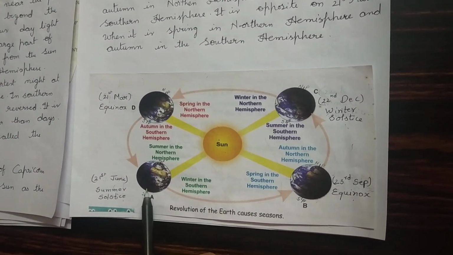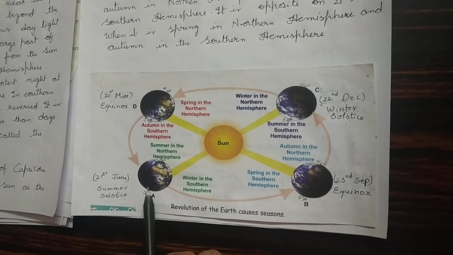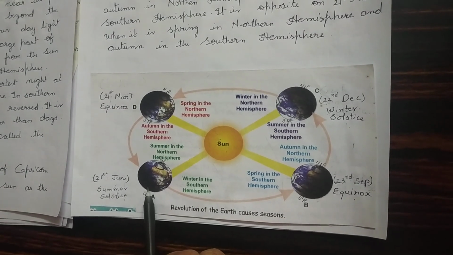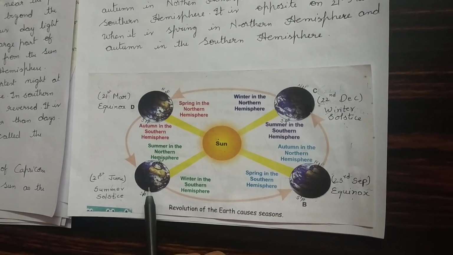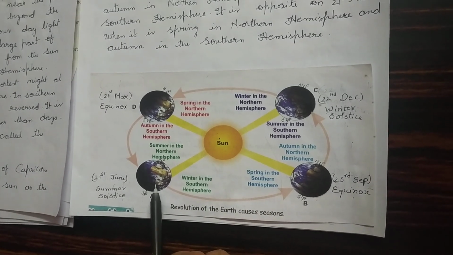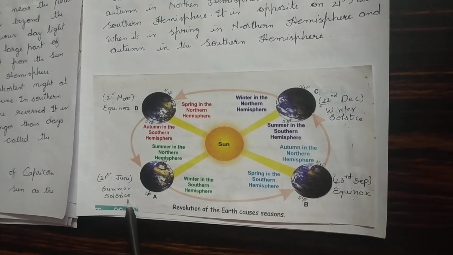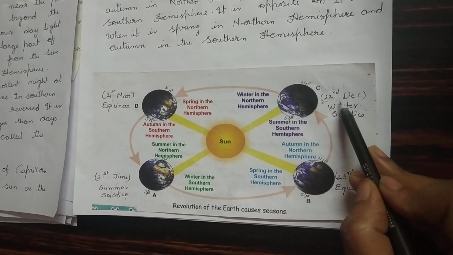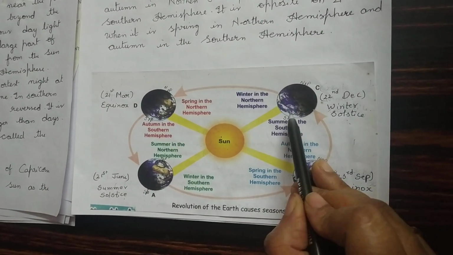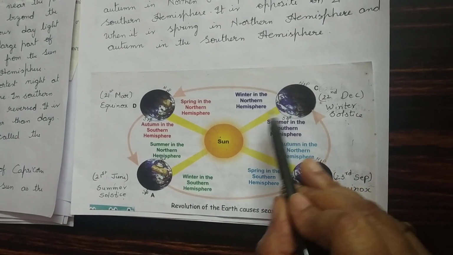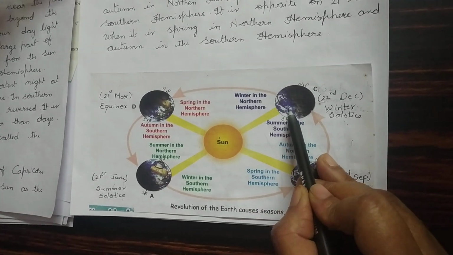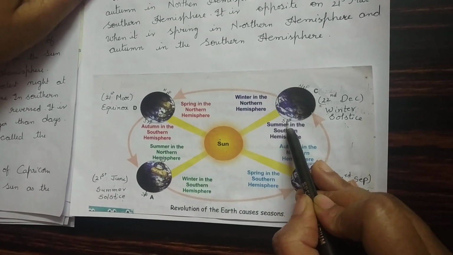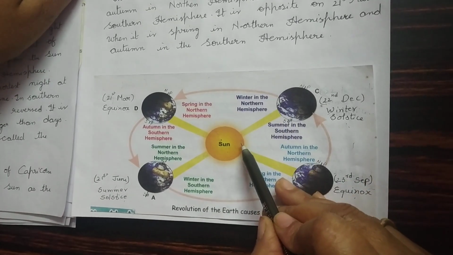In the southern hemisphere, the conditions are reversed. It is winter and nights are longer than days. This position of the earth is called summer solstice. In C position, that is 22nd December, the Tropic of Capricorn receives the direct rays of the sun as the south pole is tilted towards the sun.